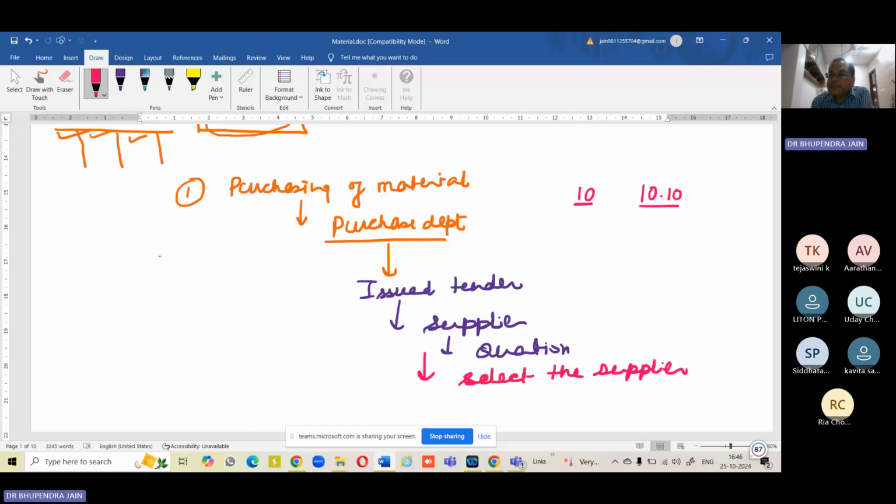In both cases, definitely we will select supplier A. But in case of emergency, supplier A is unable to supply the goods, but supplier B is able to supply the goods in case of emergency requirement, or any requirement over and above your basic requirement.